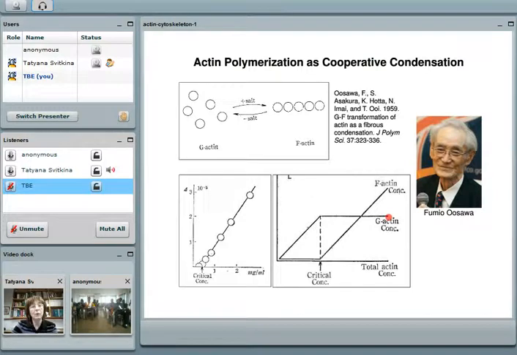So pretty much, if you have a mixture of polymer and monomer, so actin filaments in the presence of monomers, the concentration of monomers will always be critical concentration. If you increase it, all extra actin would polymerize. Okay?